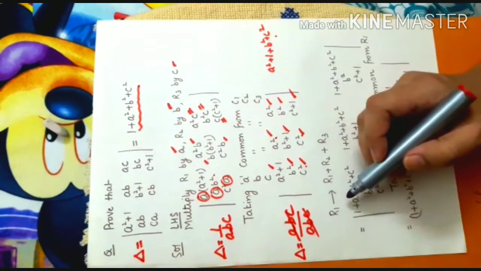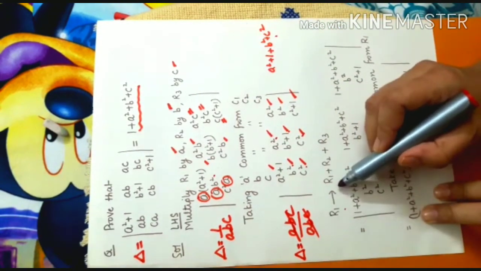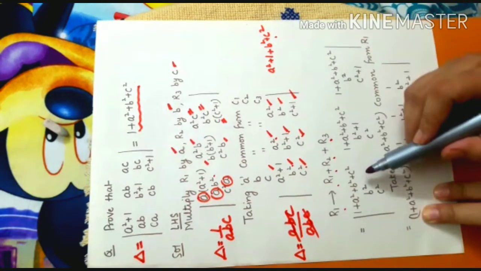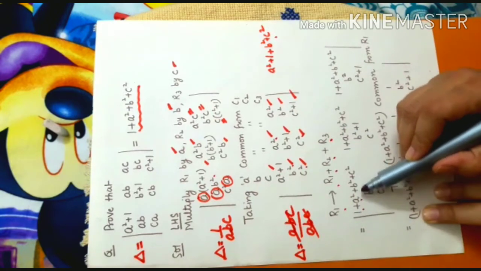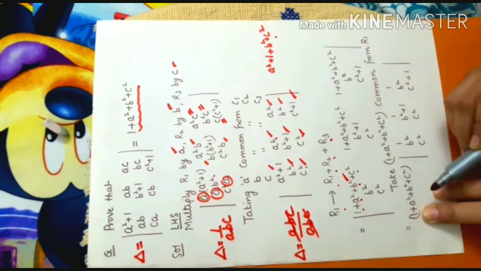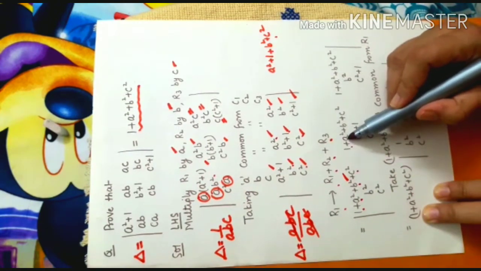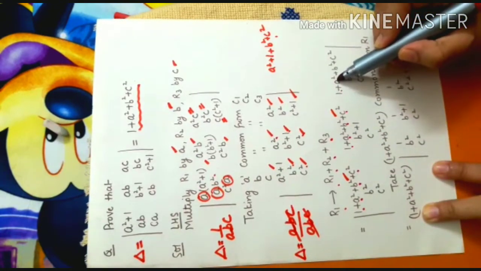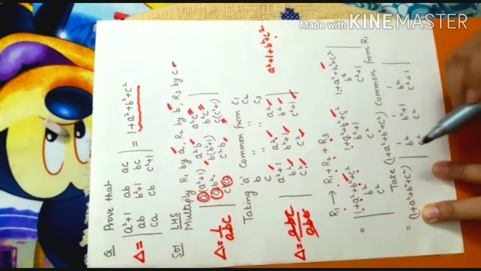So I'll perform the operation R1 changes to R1 plus R2 plus R3. So the first row will become 1 plus a square plus b square plus c square. Here also 1 plus a square plus b square plus c square. And here 1 plus a square plus b square plus c square.